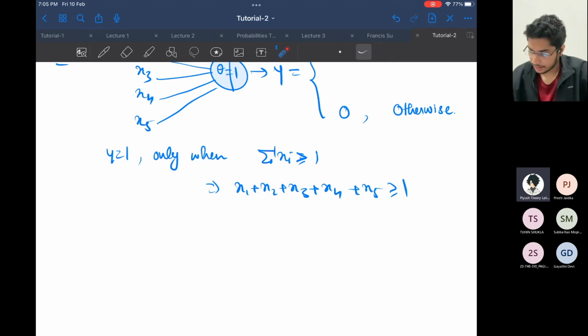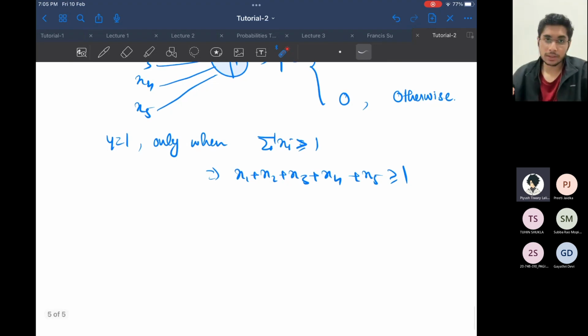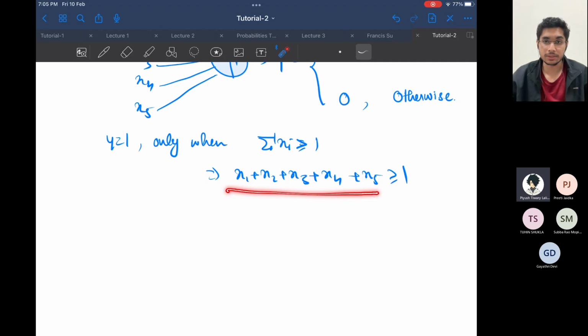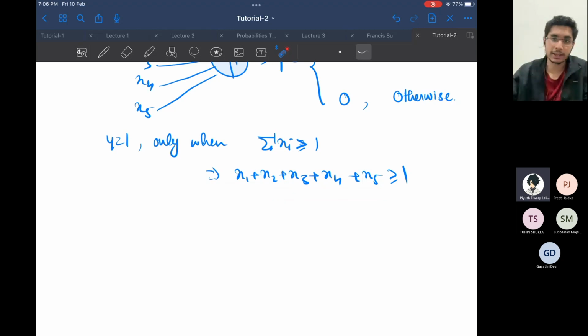So this is basically a counting problem. Think of it like this: you have five buckets in some sense, and at least one of them should be filled, and the rest of them we don't care.